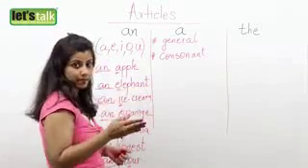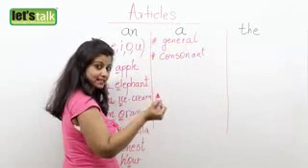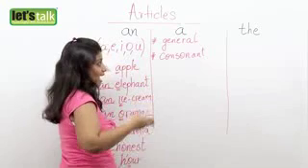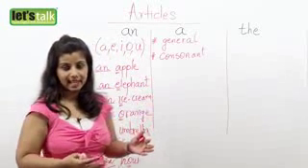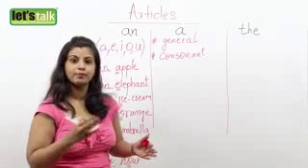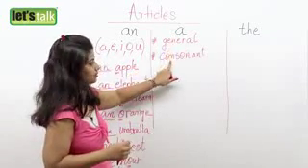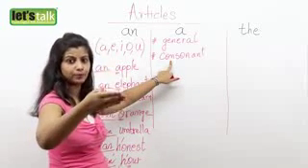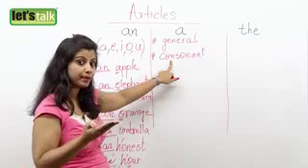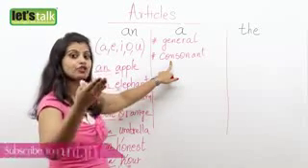So what we have to remember is that when I have to place my article A in a sentence, it necessarily has to be before a consonant. Like I gave you an example of a book. Book, B, the letter B is a consonant. That is why I'm going to say a book. A ship, so S again is a consonant. So I'm going to say a ship.